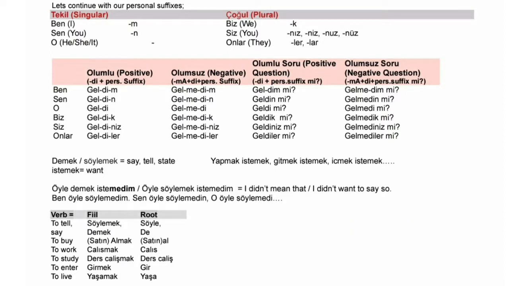So let's continue with the other verbs that you can use. To work, çalışmak. When we remove mek, we are left with our root that we can work with, çalış. Or ders çalışmak, to study.